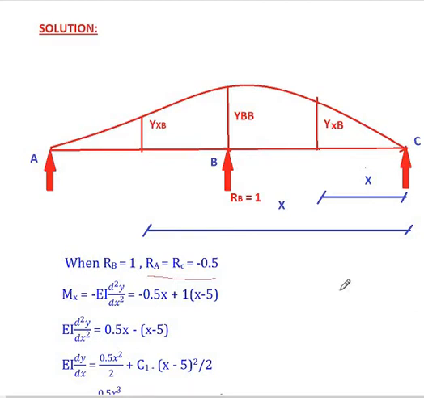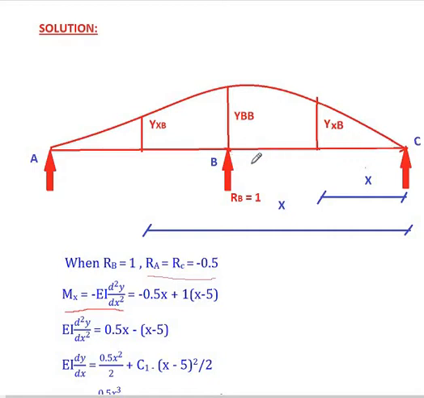The next thing we have to do is frame the moment equation. The moment equation is Mx equal to minus EI d squared y by dx squared, which means we have to take the moment about the x distance. Here we have two sections. The first section limit is 0 to 5 and then 5 to 10.